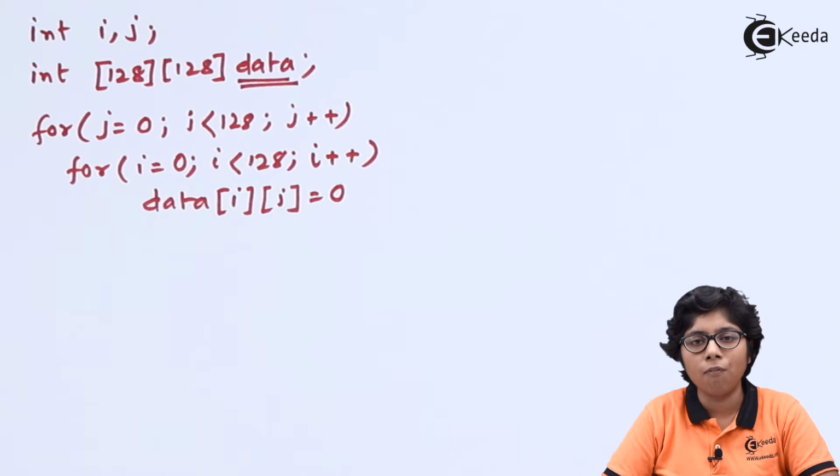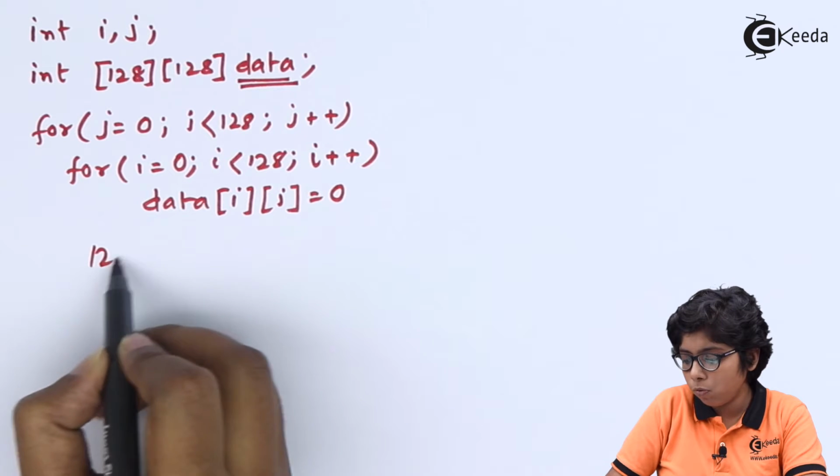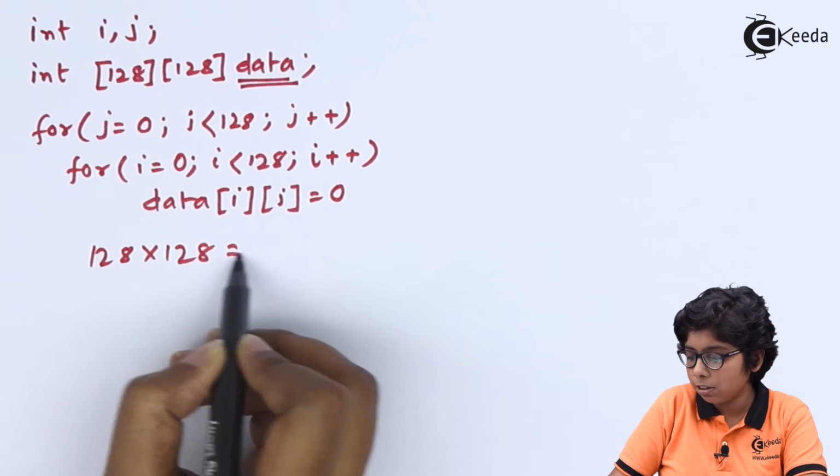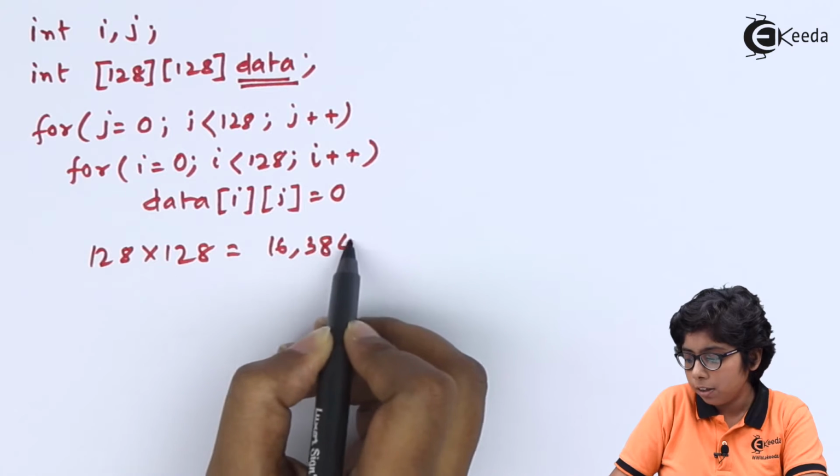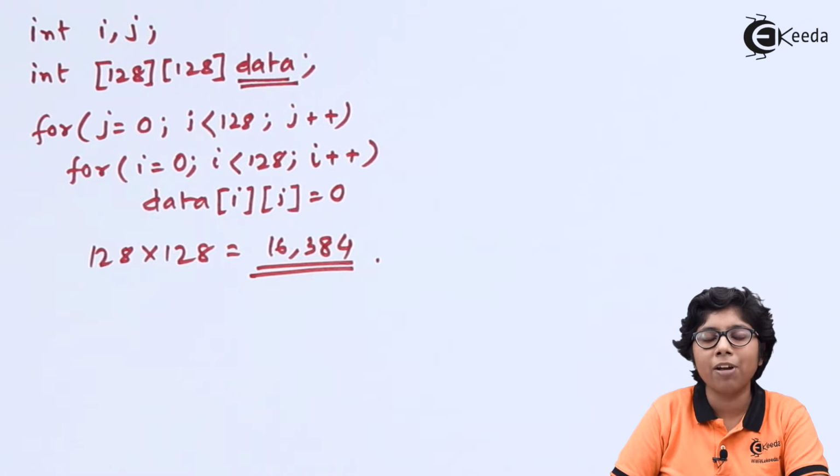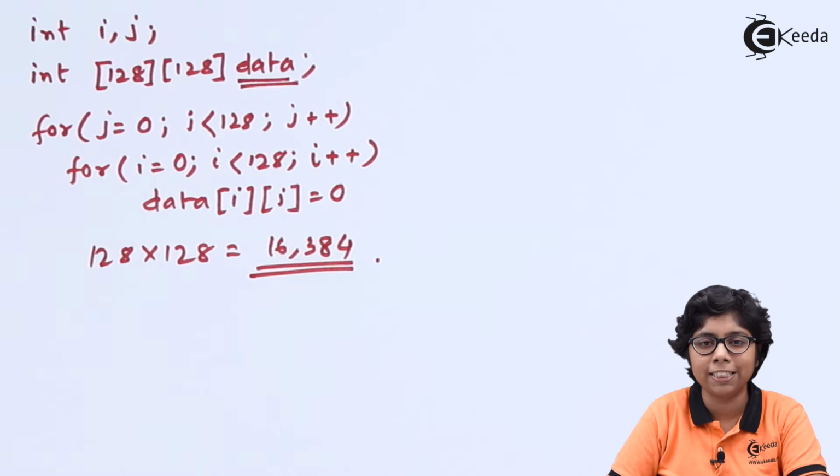So a page fault count of 128 into 128, that is 16384, will occur. As we know, this is a very high number of page faults and should not occur in the operating system. Now we modify this program structure to have fewer page faults, only 128.